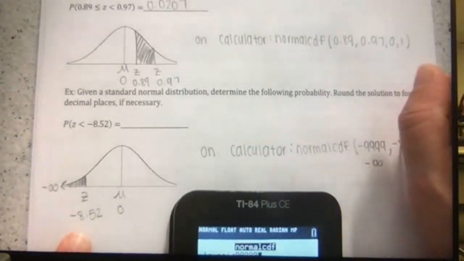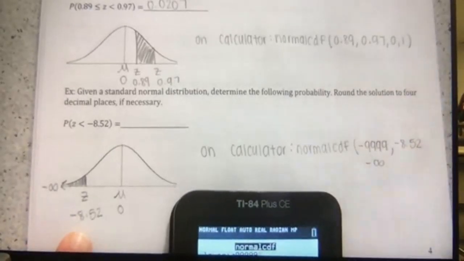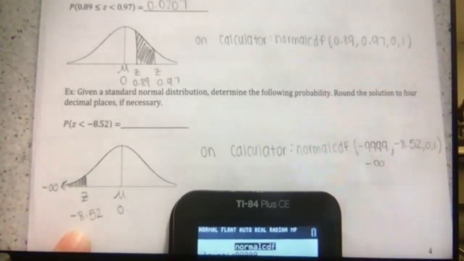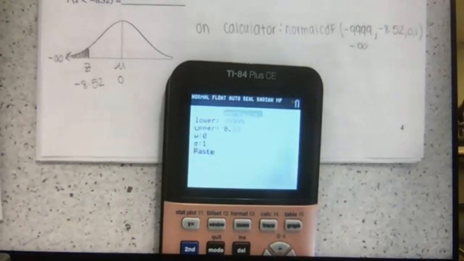Our upper limit, our shaded area stopping at negative 8.52. So our upper limit's negative 8.52. Our mean is still 0, and our standard deviation is still 1, because we're talking about z. Pressing paste, all of our calculators should look exactly the same, which is what we have written.